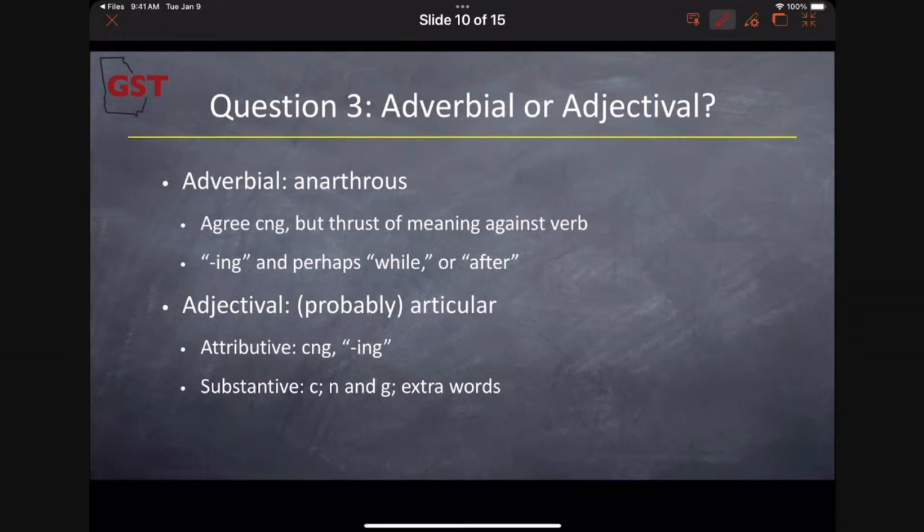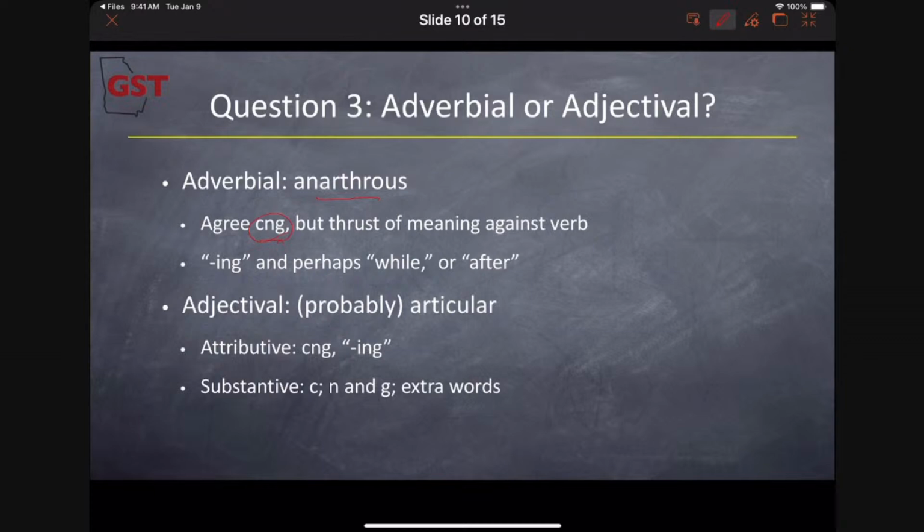Right, exactly. All right, so let's ask the question: how do you know if it's an adjectival or adverbial participle? Well, adverbial is going to be anarthrous, that's without the article, right? And the note here says it agrees in case, number, and gender, but that's not really true. It can't agree with case, number, and gender because the verb doesn't have a case, number, or gender.